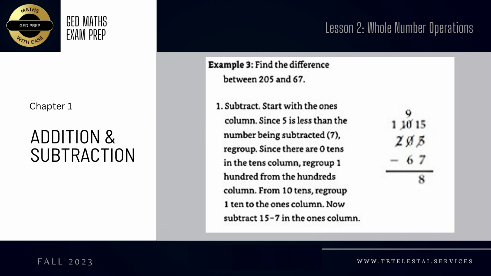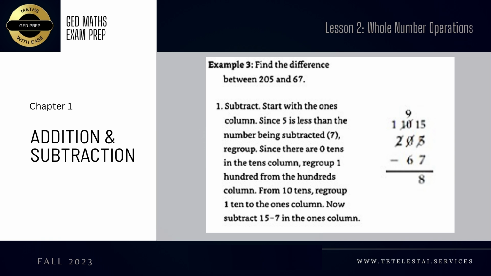And we see the 5 is less than 7. So we need to go over to the next column to borrow a 1. But when we move over to the next column, there's no tens. It's essentially 0 tens.